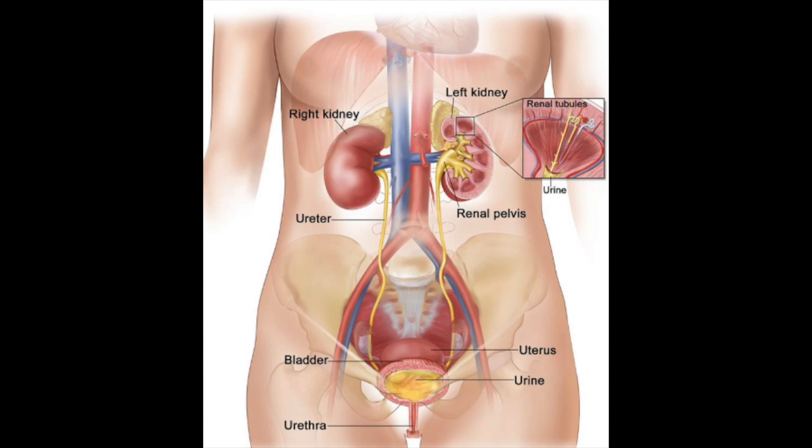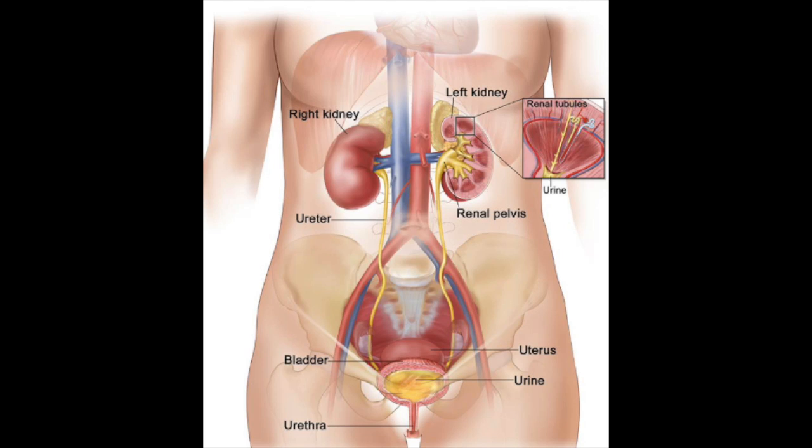Next, we are going to talk about how urine flows in specific organs in your body. First, the urine accumulates in the left and right kidneys. Then, the kidneys are connected to ureters, which the urine flows out of the kidneys into, and the ureters are structured behind the urinary bladder.